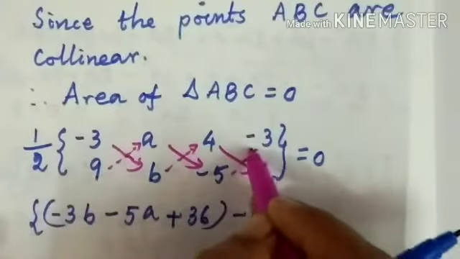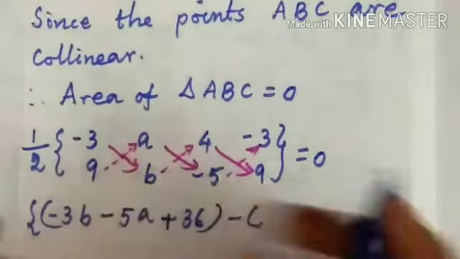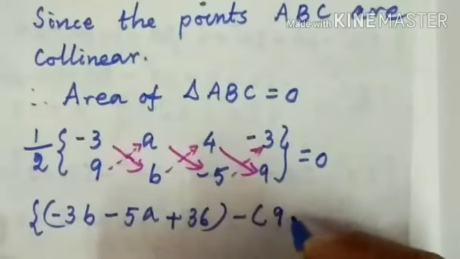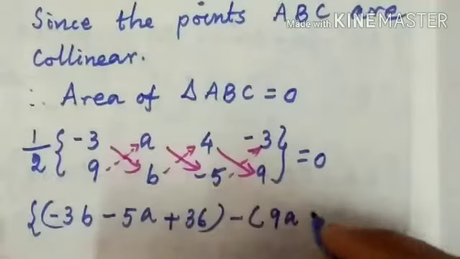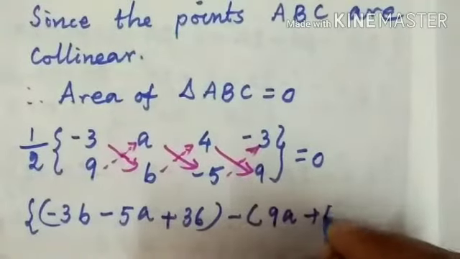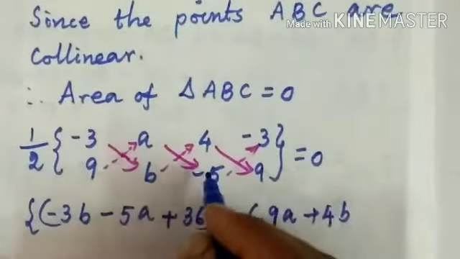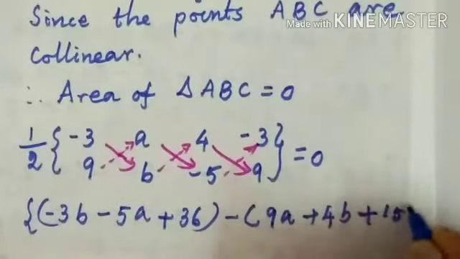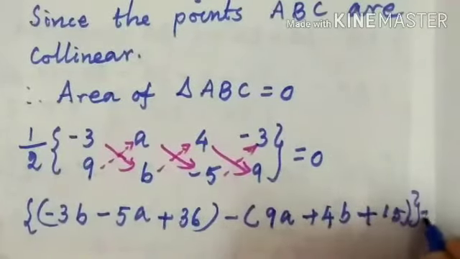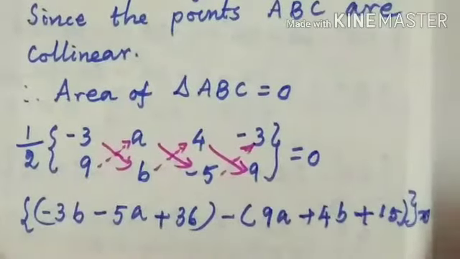Means we get 9 into A, 9A plus B into 4 plus 4B minus 5 into minus 3 plus 15 is equal to 0.